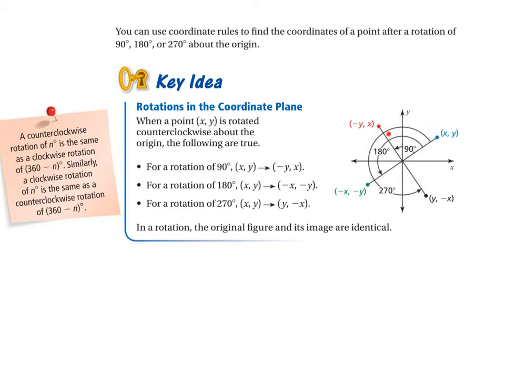So counterclockwise, what happens is the x value becomes the negative y value. So whatever this point here was, it is the negative down here, okay? And then when you do a 180, everything is backwards, so it's negative x, negative y. That one makes the most sense.